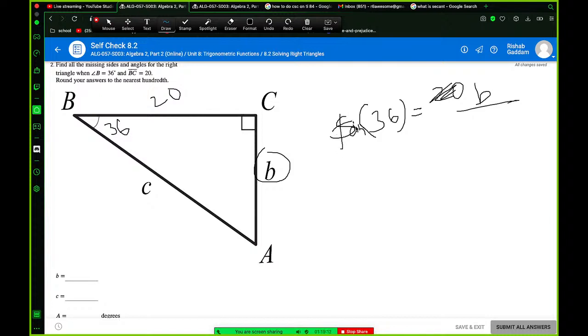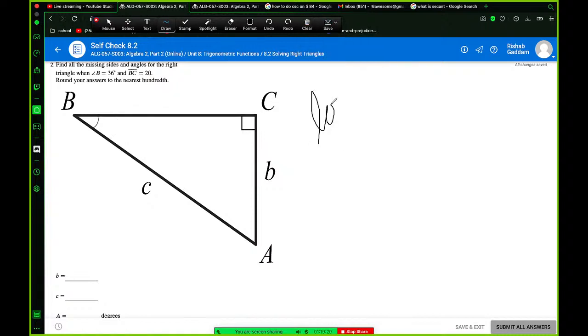I was wrong. You're gonna use tan because you don't have the hypotenuse. So tan of 36 is equal to b over 20.